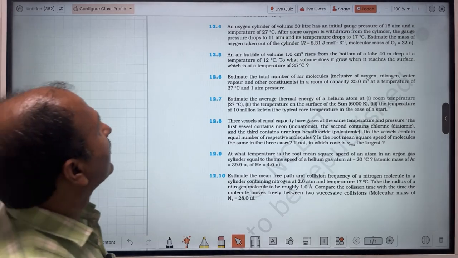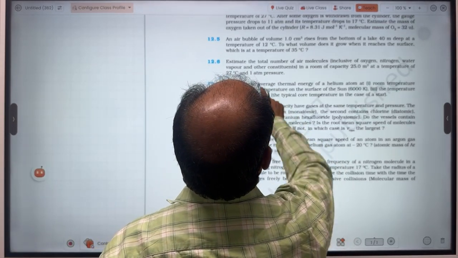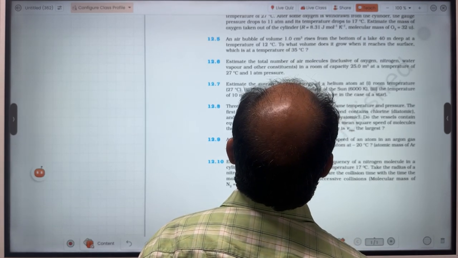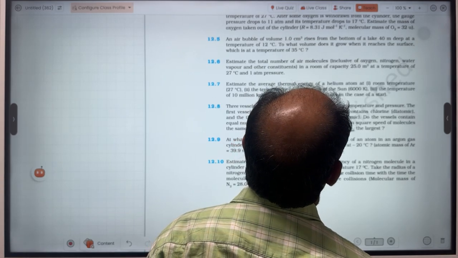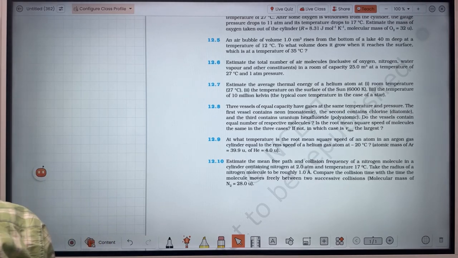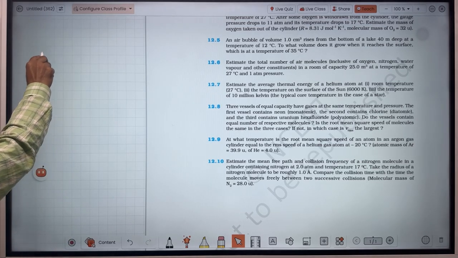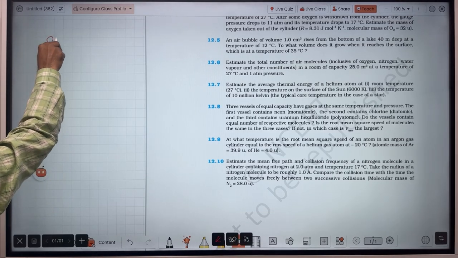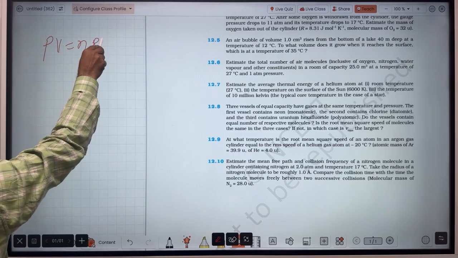Next question says, estimate the total number of air molecules, inclusive of oxygen, nitrogen, water vapor and other constituents, in a room of capacity 20 meter cube at a temperature of 27 degrees centigrade and at 1 atm pressure. So let's evaluate it. We can write the relation PV equal to nRT.